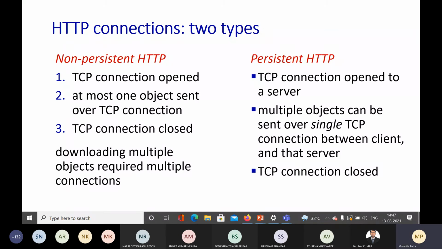The problem with non-persistent HTTP is that if you are downloading multiple objects, every time you have to establish the TCP connection and then transfer the data. So that is a very cumbersome process.